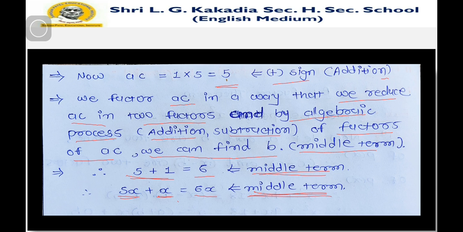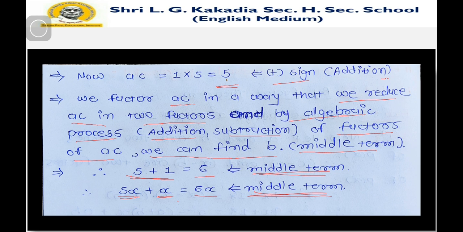If we get a positive value, then we do addition of the factors, and if we get a negative value, then we do subtraction of those factors. But here 5 is positive, and we know that 6 is also positive. In this way we take the factors 5 and 1, that is 5 plus 1 is equal to 6, and 5x plus x is equal to 6x.